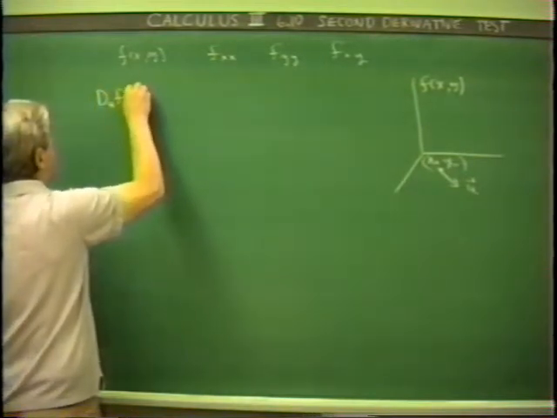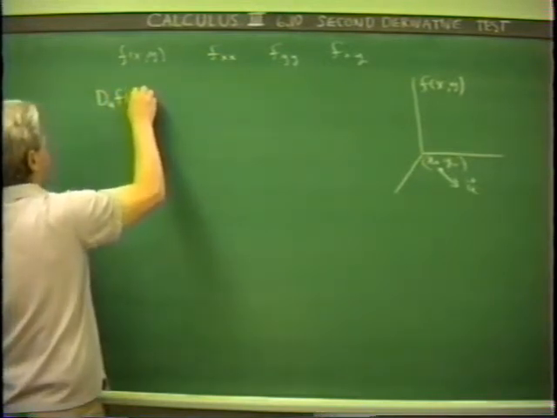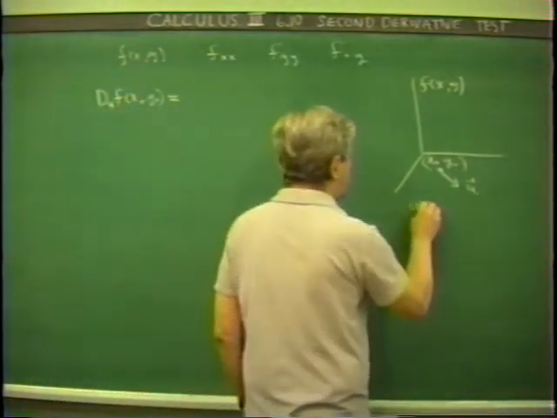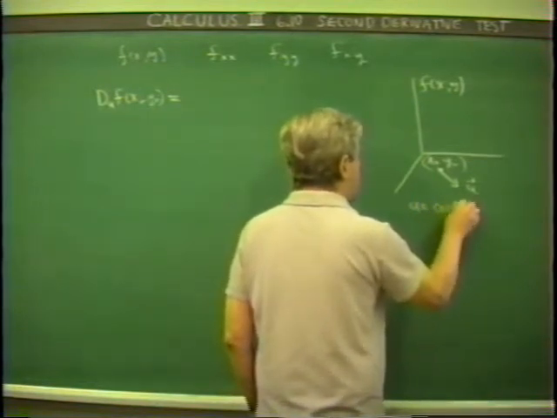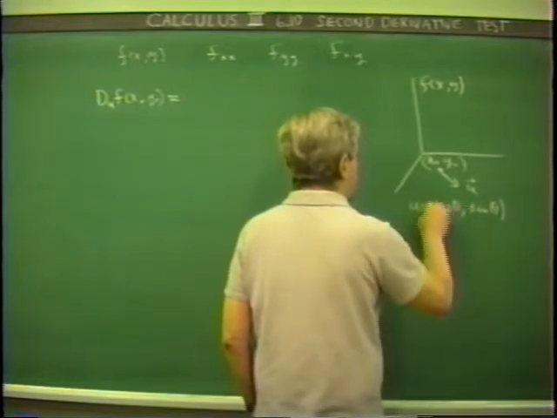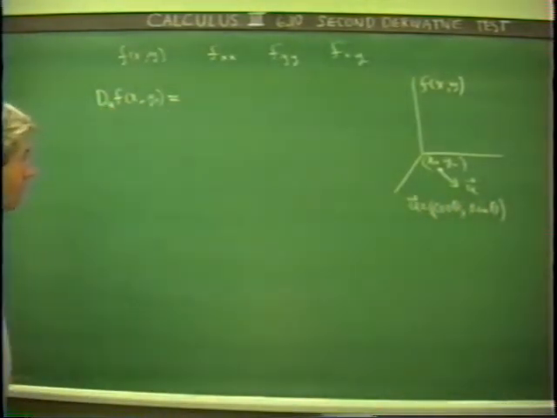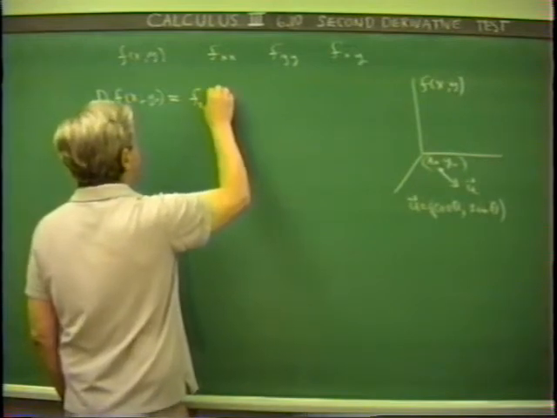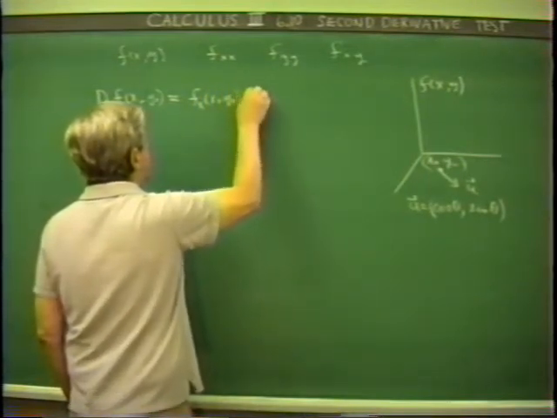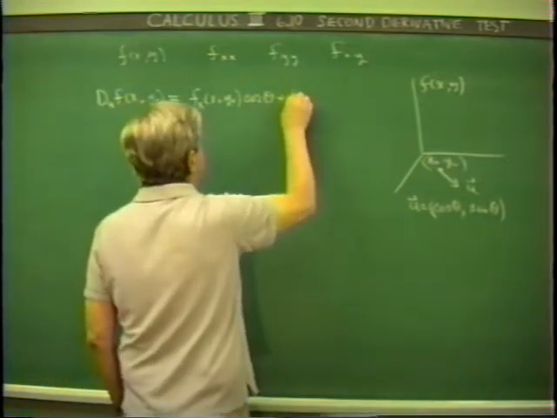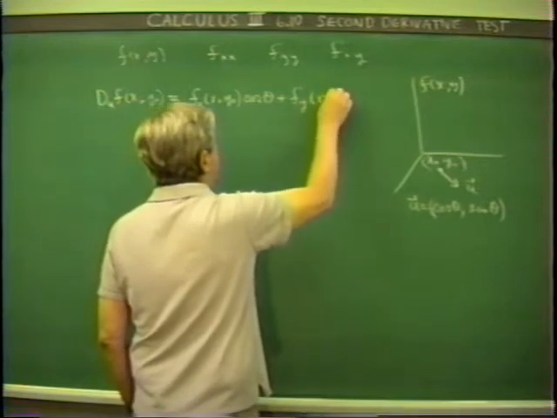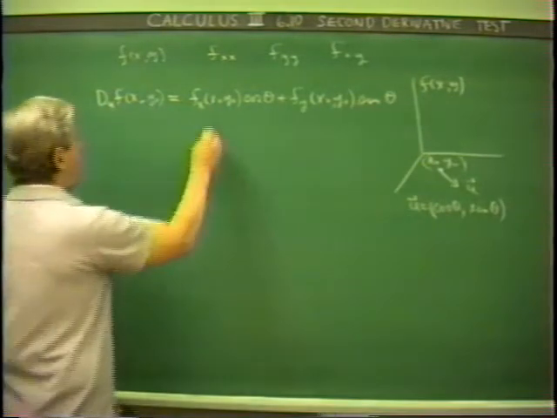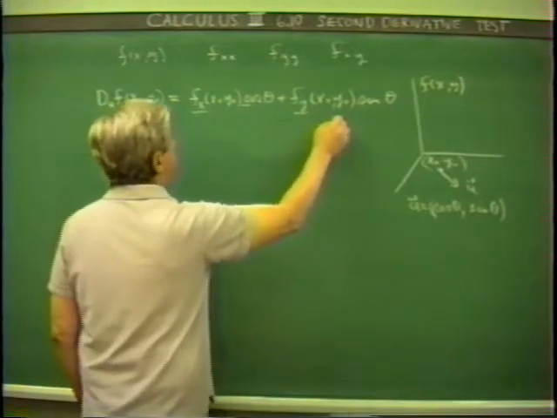Well, the directional derivative at the point x naught, y naught, if u is, let's say, cosine theta, sine theta, this unit vector, is going to be the partial of f with respect to x at x naught, y naught, times cosine theta, plus the partial of f with respect to y at x naught, y naught, times sine theta.